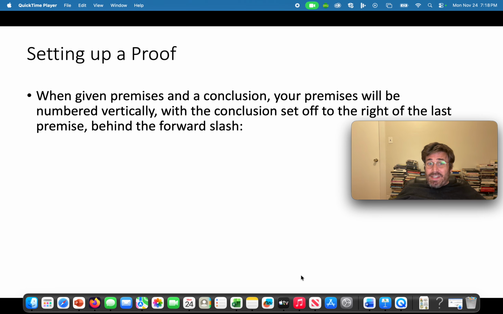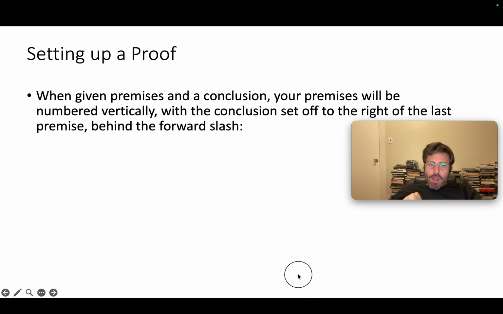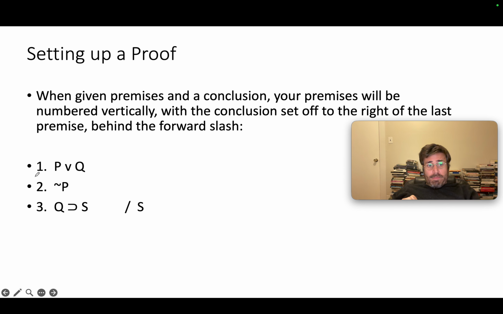When given premises and a conclusion, your premises will always be numbered vertically to the left, like we just saw, and the conclusion will always be set off to the right with that forward dash, indicating that that's where the conclusion is appearing. Okay, so arguments always kind of take this format. We have premises, and then we have a conclusion. Lines 1 through 3 are the premises, and then our conclusion is set off by the forward dash S.